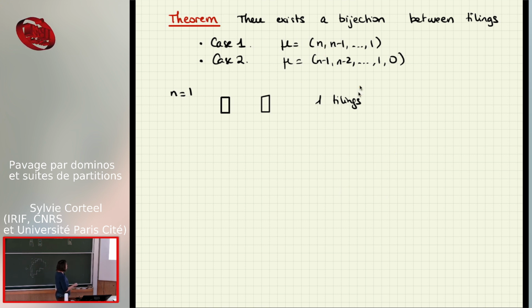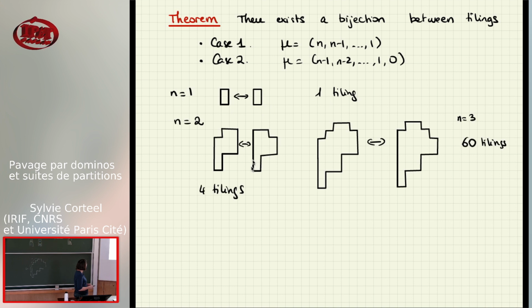Okay? So if n equals 1, the bijection is easy. My two shapes are exactly the same, and I have one tiling. I shouldn't have put an S. So if n equals 2, okay, the two shapes are like that, and it's very easy to see because you're forced to tile the bottom here, and then the two shapes are the reverse of each other.